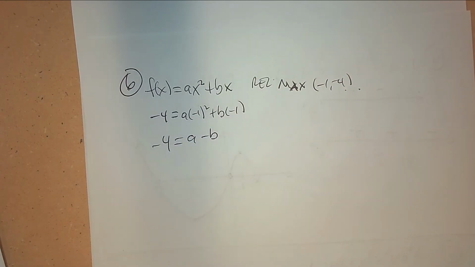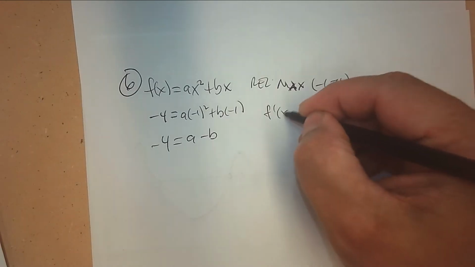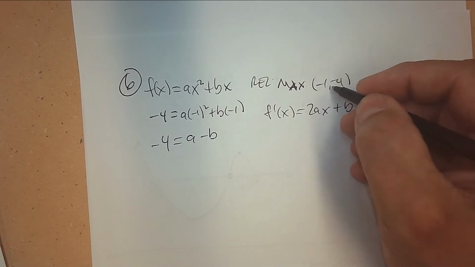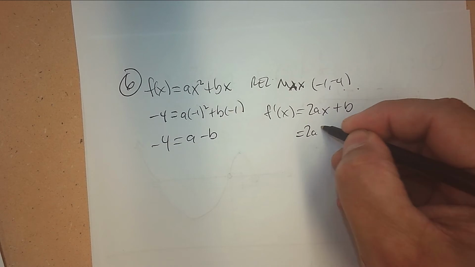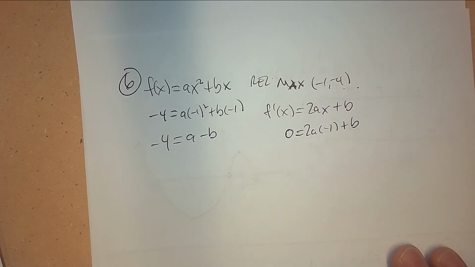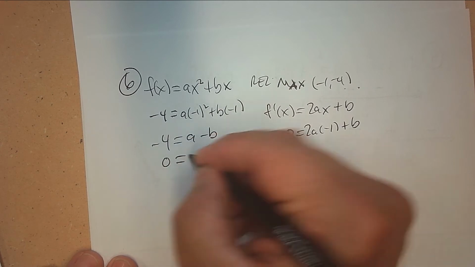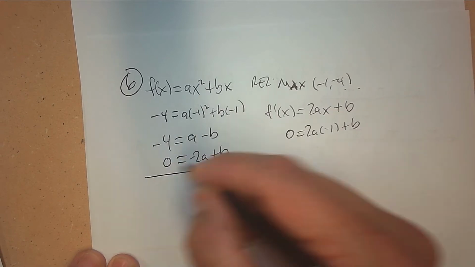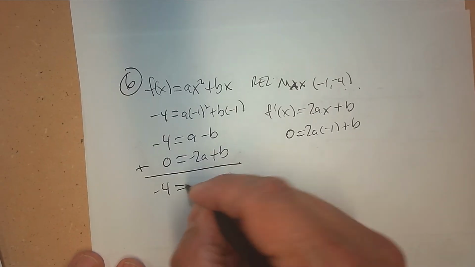Now, if it's a relative max, when you take the first derivative, which we will, it's 2ax plus b. And again, if you plug in -1 for x, the answer is actually going to be 0 because it's a critical value. So simplify that over here. This is -2a plus b. Now we have a system we can solve, so we're going to add it together.